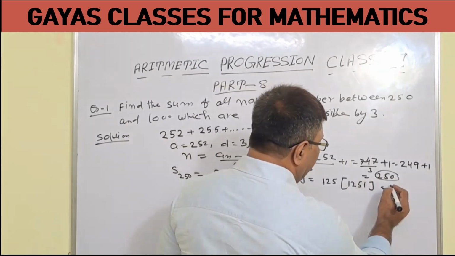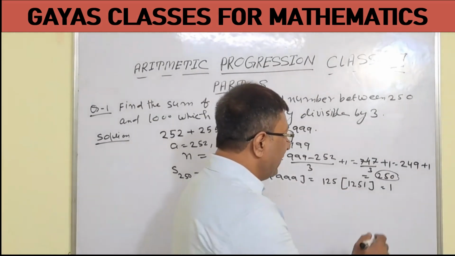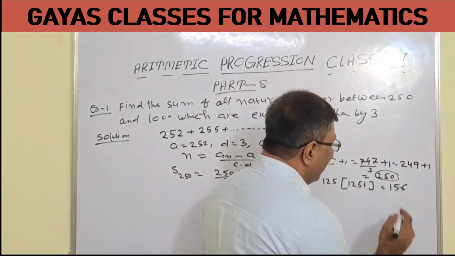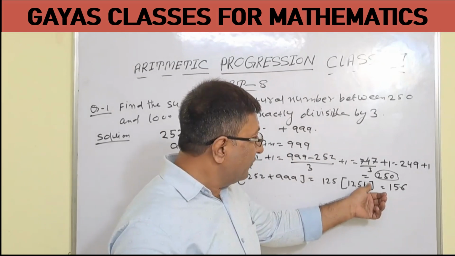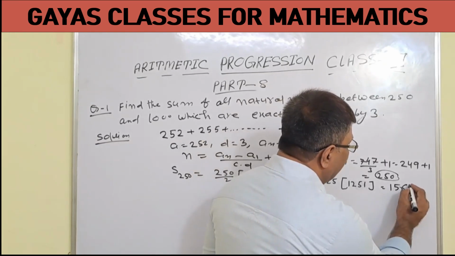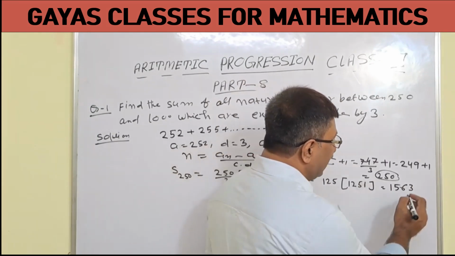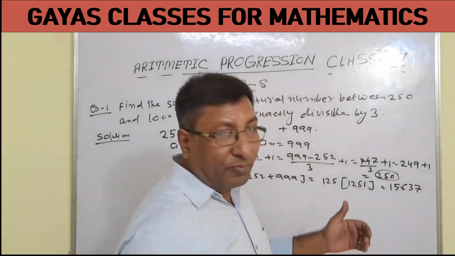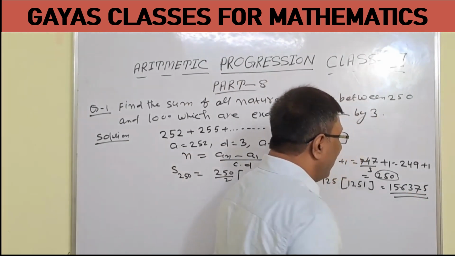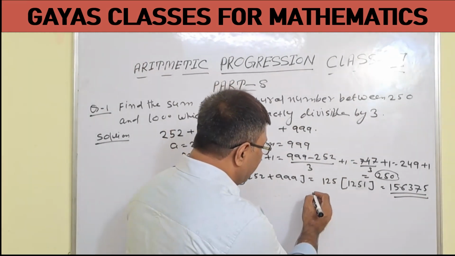So 8 1s are 8, remainder, 4, bring down, 45; 8 5s are 40, remainder 5, so 51; 8 6s are 48, remainder 3, and here we imagine 30; 8 3s are 24, remainder 6, one more 0, 60; 8 7s are 56, one more 0, 40; 8 5s are 40. So the correct answer is 156375 by the tricky approach. Now multiply by the basic rule and check.